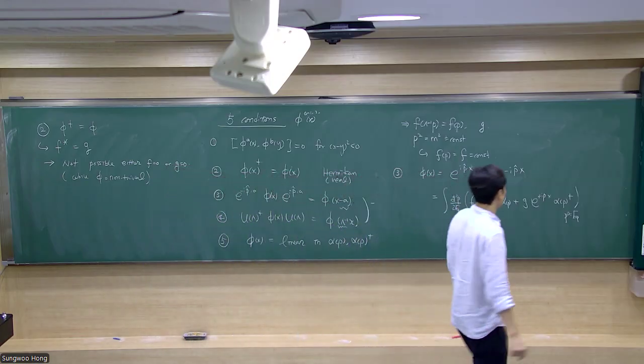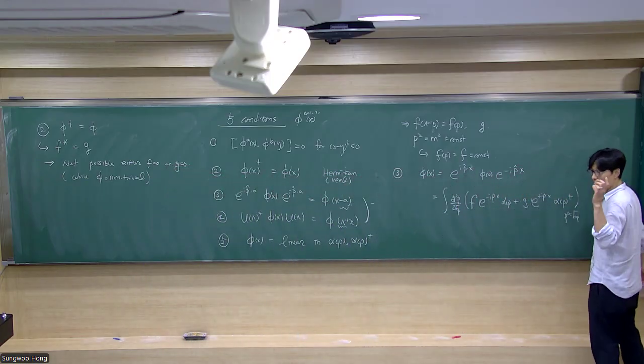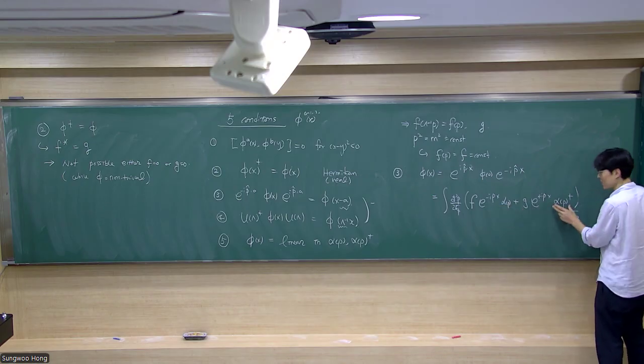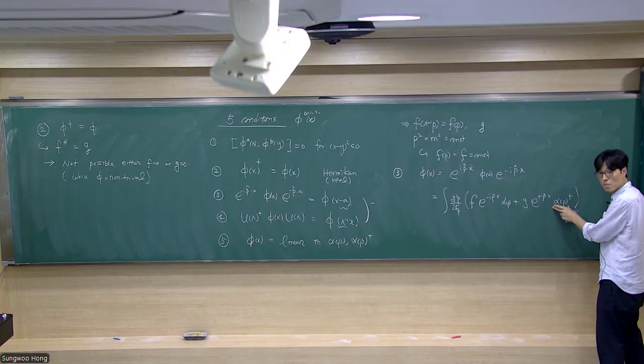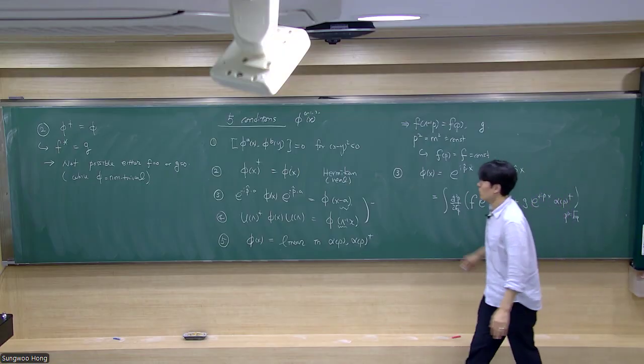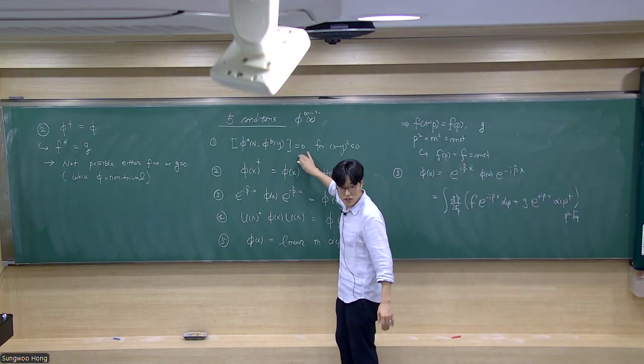At the level of the quantum field, what that means is that you are forced to include both a non-trivial piece of alpha and a non-trivial piece of alpha dagger. You cannot just do this or that.